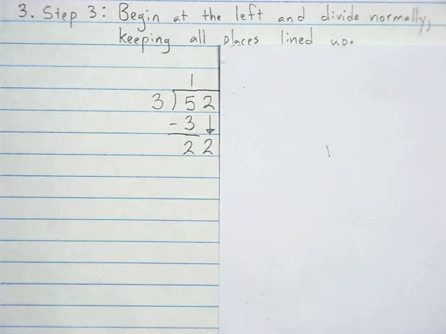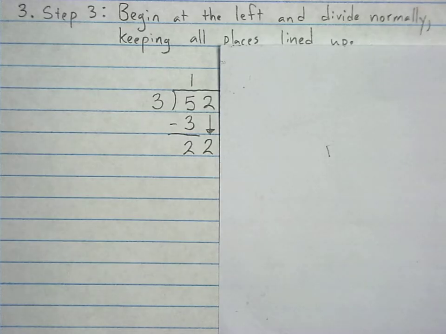3 will go into 22. This is where I start thinking multiples. This is where I start thinking compatible numbers. 3 times 1 is 3. 3 times 2 is 6. 3 times 3 is 9. 3 times 4 is 12. 3 times 5 is 15.